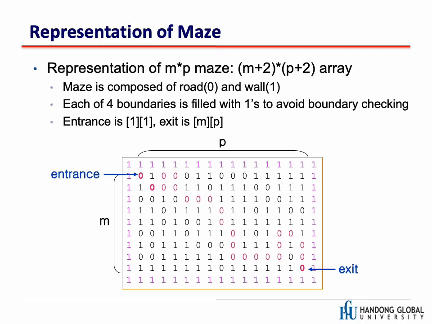If the right one is a wall, if the right one is 1, it doesn't matter if it is the outside wall or an inside wall. We cannot go to that position anyway. So with this extra wall, we make the problem a little simpler. The entrance is 1, 1, and the exit is m, p. So this is our problem. If you want, you can move this exit to some other place, but without loss of generality, this is our problem.